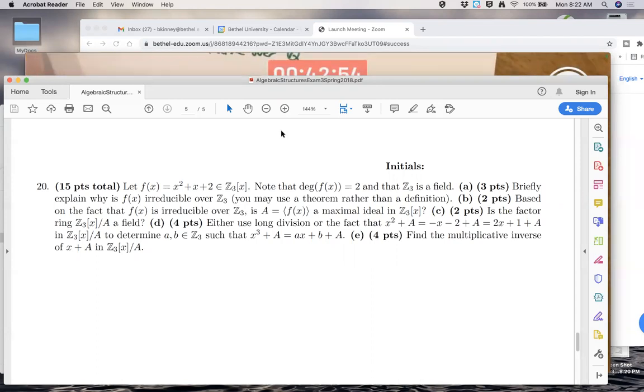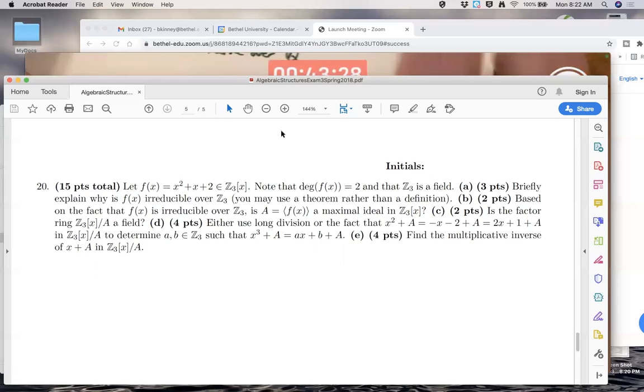Sounds like theorem 17.1 will be useful here, the degree 2 or 3 reducibility test. Evidently, if this is going to be irreducible, since it's got degree 2, it's going to be enough to check that it's got no zeros in Z3. Then we get into talking also about ideals here and factor rings and do long division to do various things here.